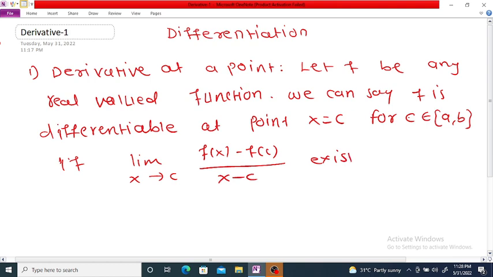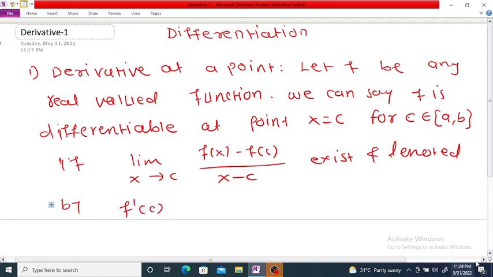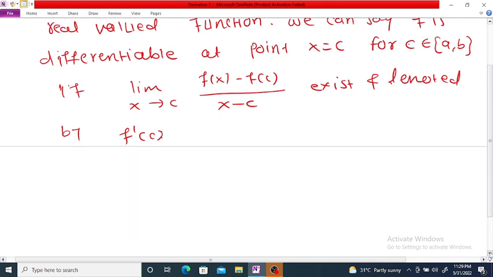And if it exists, it is denoted by f dash c.